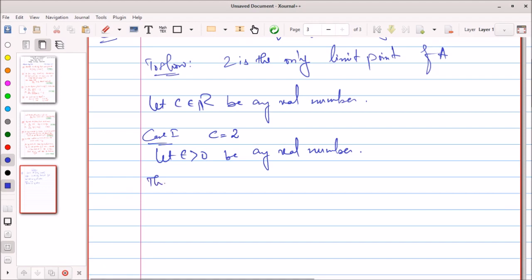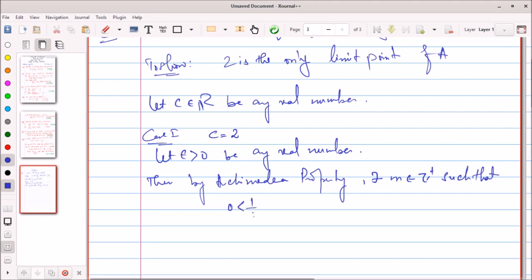Then by the Archimedean property there exists m belonging to Z positive such that 0 is less than 1 by m less than epsilon.